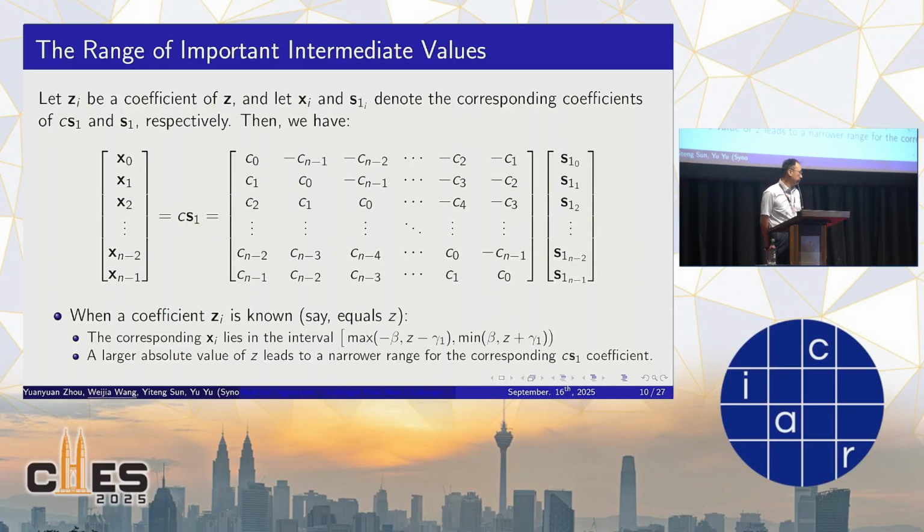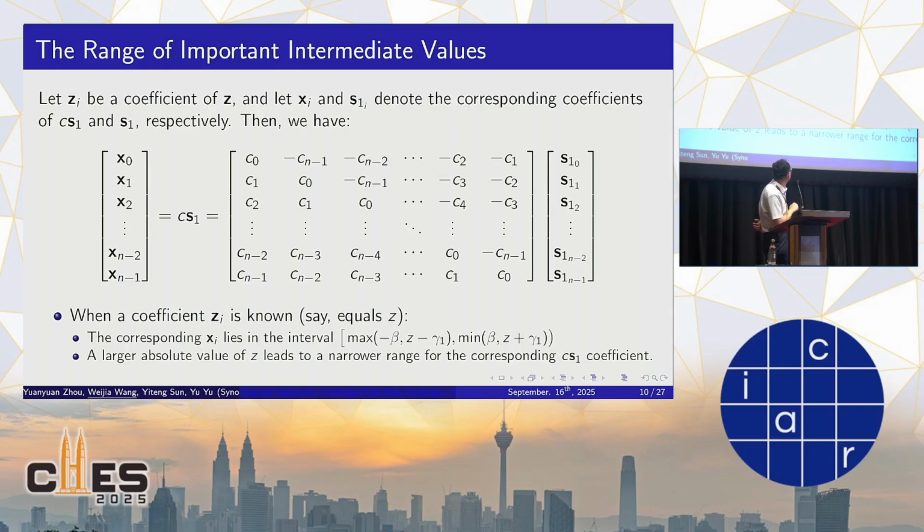Let zi be a coefficient of z, and let xi and s1 denote the corresponding coefficients of cs1 and s1 respectively. Then we have this equation, which is quite simple because we just rewrite the polynomial c as a matrix.